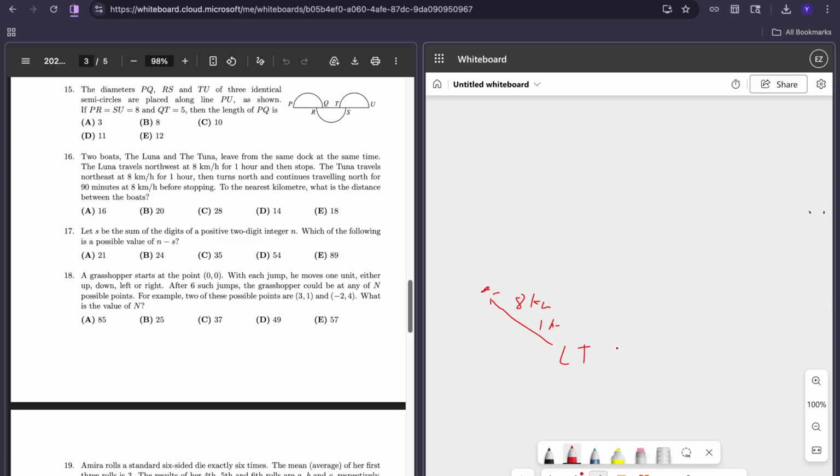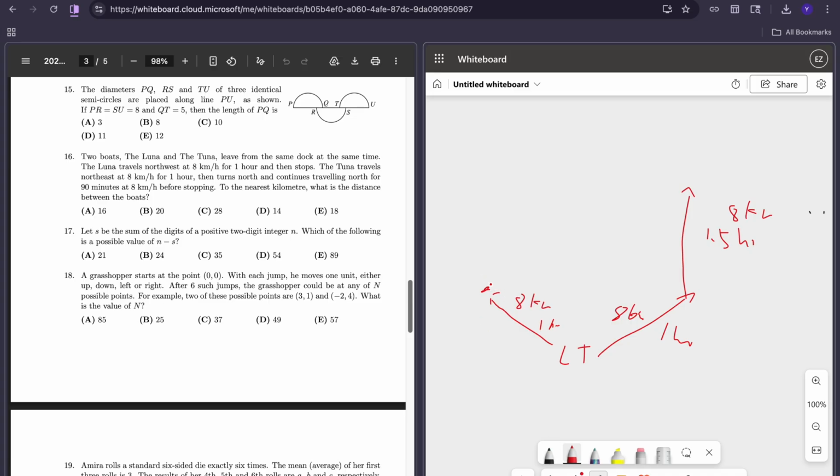Tuna travels northeast at 8 km per hour for 1 hour, and then continues traveling north for 90 minutes, so 1.5 hours, with the same speed of 8 km per hour. To the nearest kilometer, what is the distance between the boats?